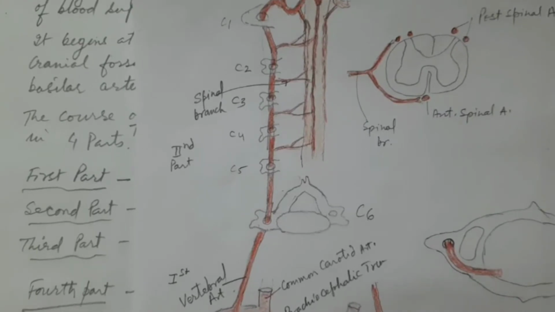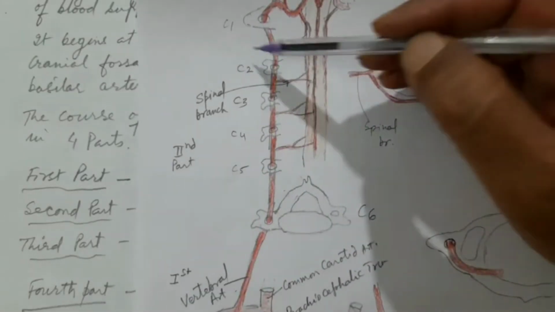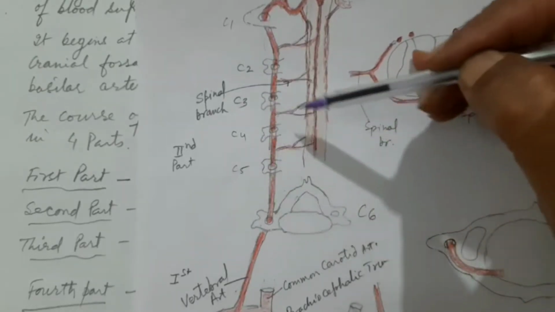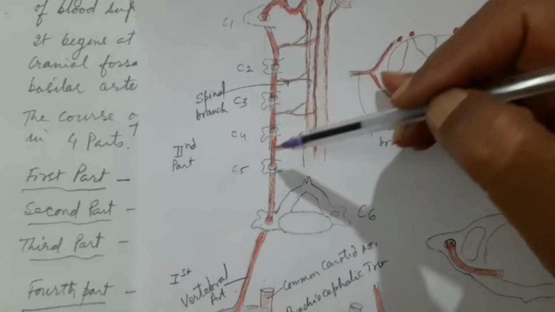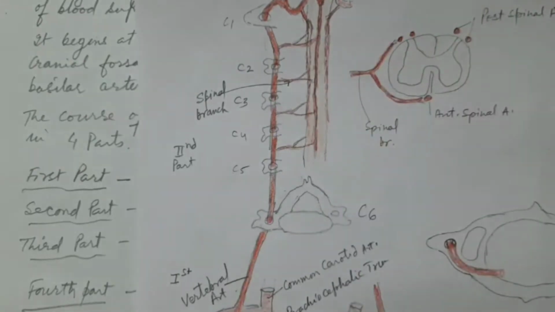Now at each vertebral level, this artery will lie anterior to the ventral ramus of the cervical nerve. The cervical nerves will come out from here, C2, C3, C4, C5, C6. Okay, and these are the ventral rami of the spinal nerves, and they are going posterior.